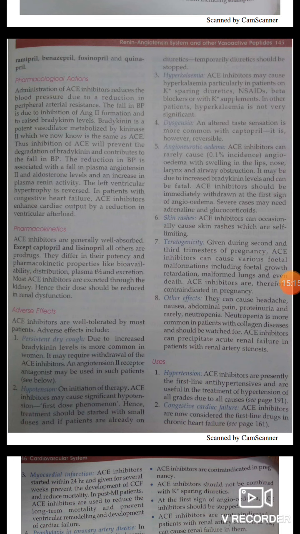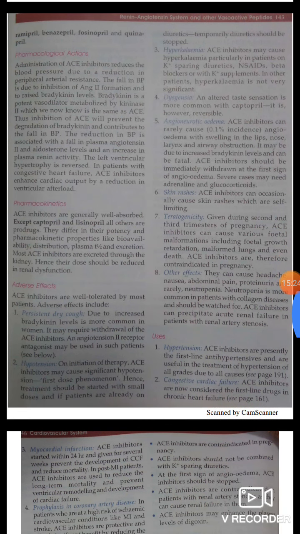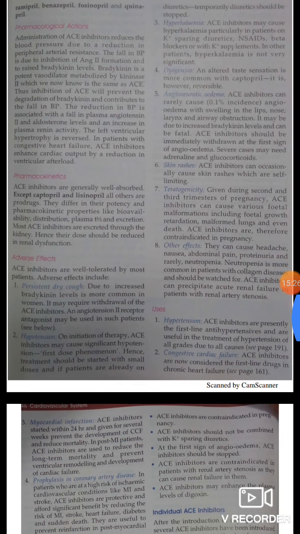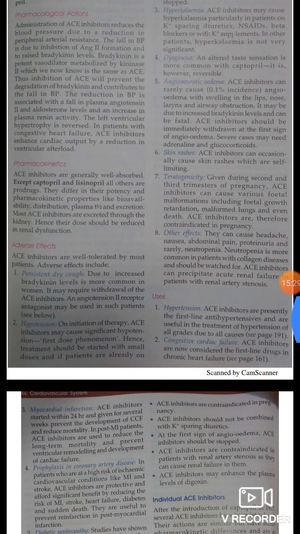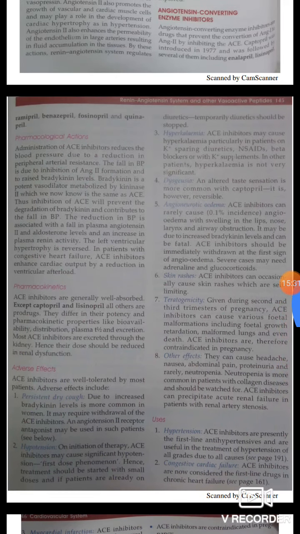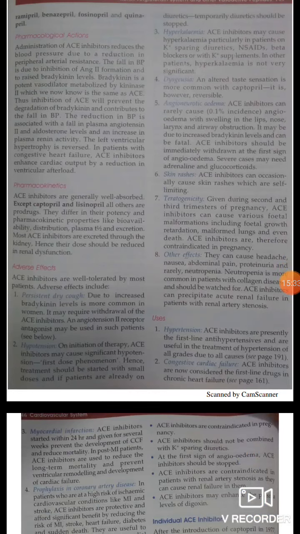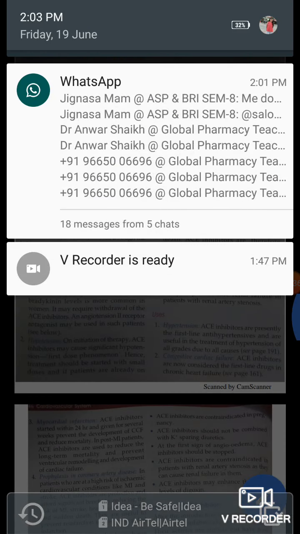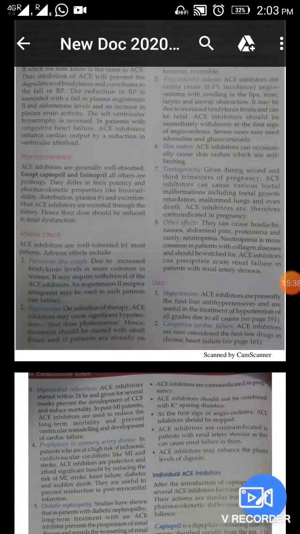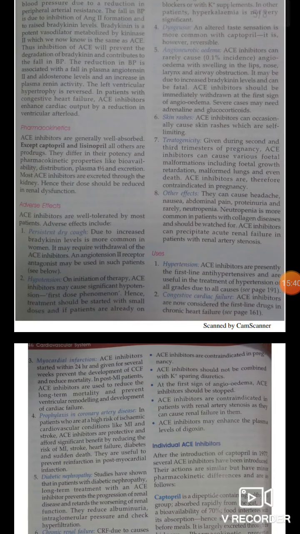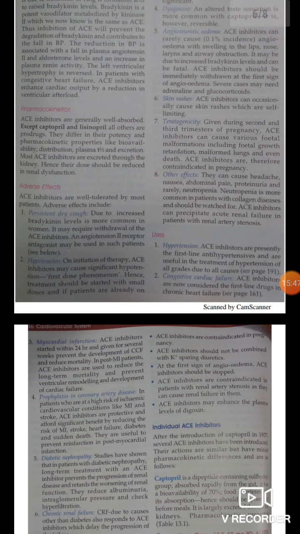Prodrug means it is inactive in its original state, but when it gets metabolized, the effect of the actual drug starts, right? So these other drugs are prodrugs except captopril and lisinopril.